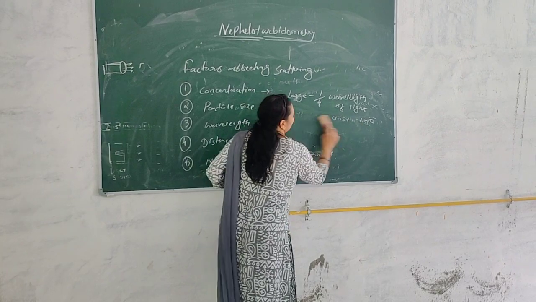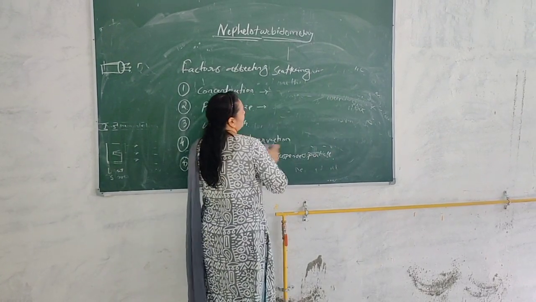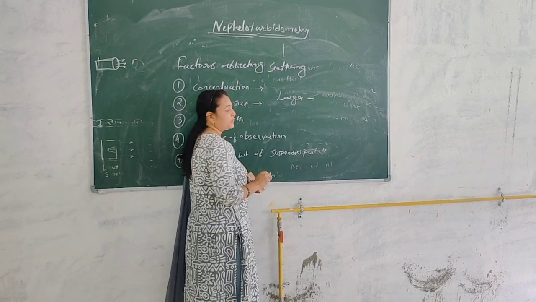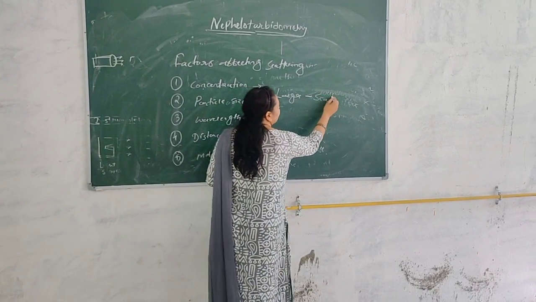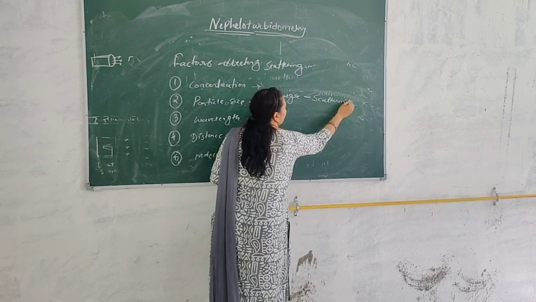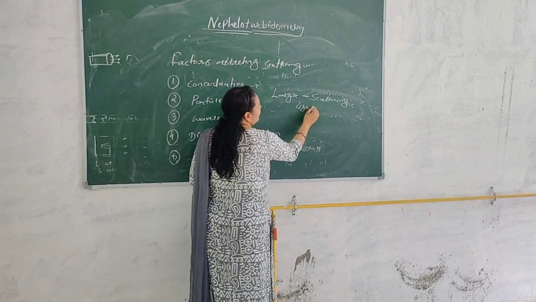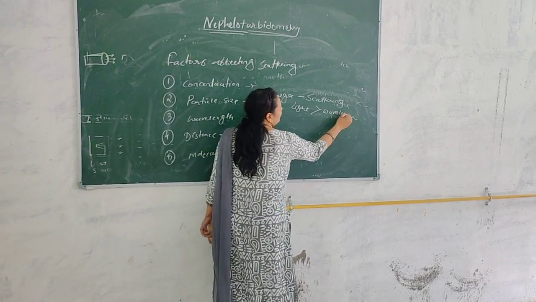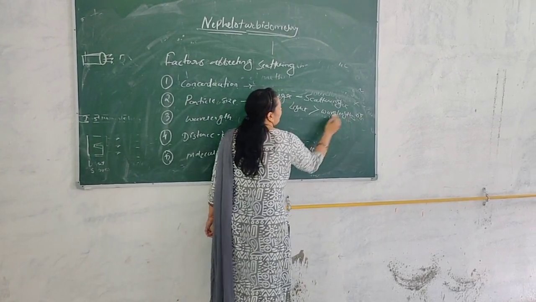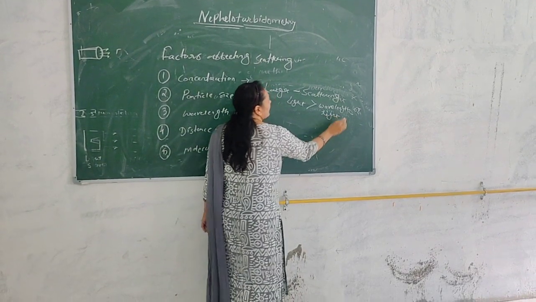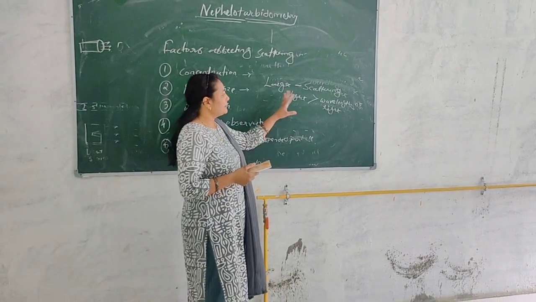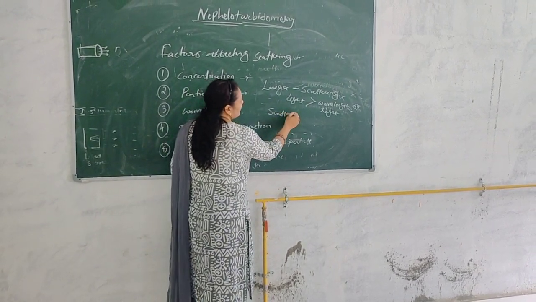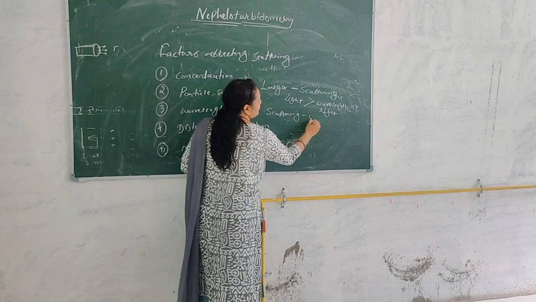In a larger particle, the scattering of light is more than the wavelength of light. So the scattering of light is always greater than the wavelength of light, and this scattering is again unsymmetrical in nature.